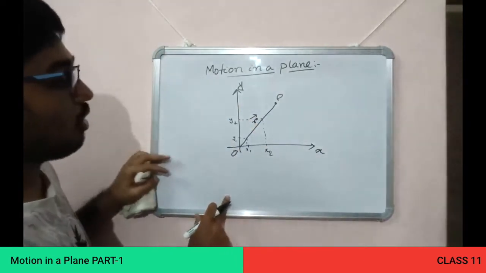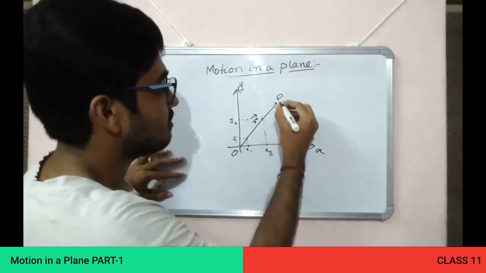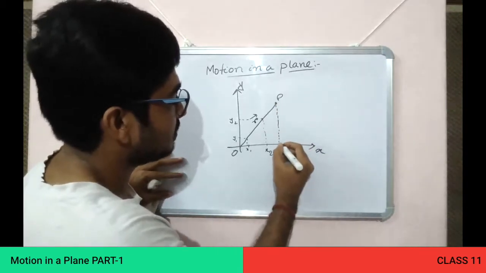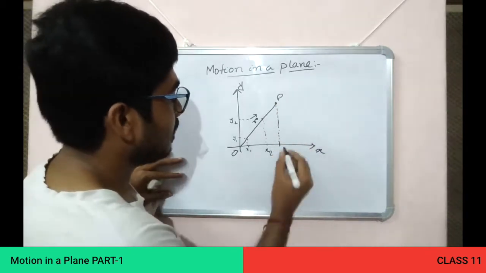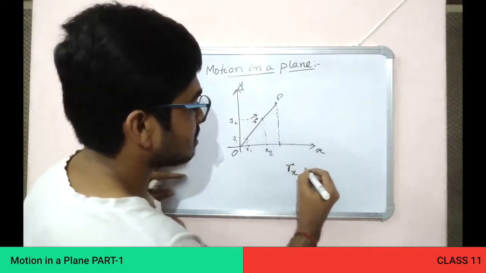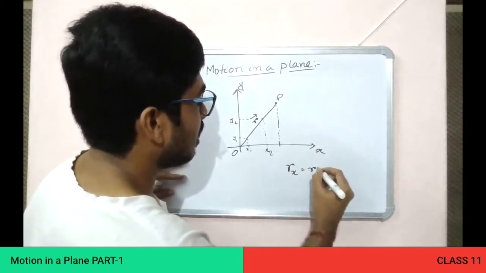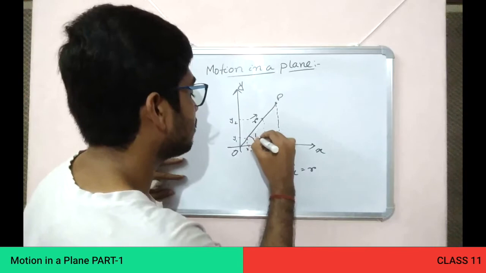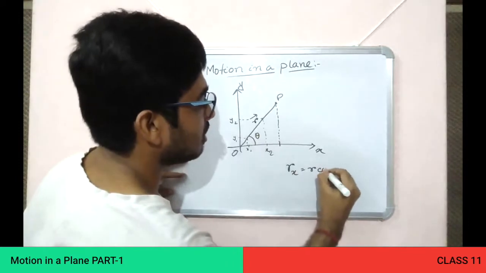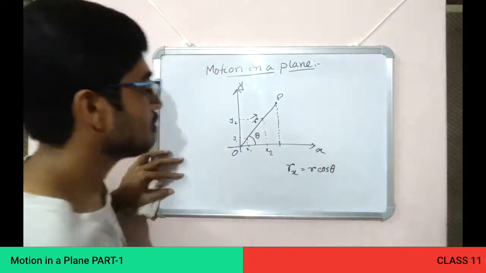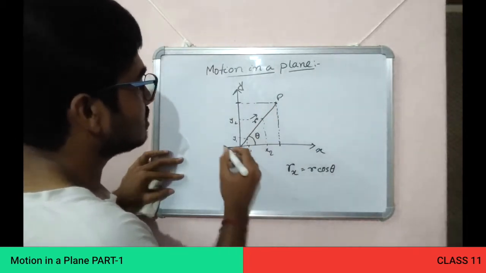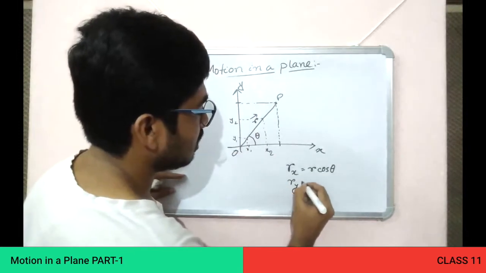So in the direction of x, it has a value, and the value could be determined by taking a projection. This is a projection, and suppose this is r, rx is equal to r, and the angle between these is suppose theta. So rx is written as r cos theta, and here is also a projection on the y direction, and this is written as ry.